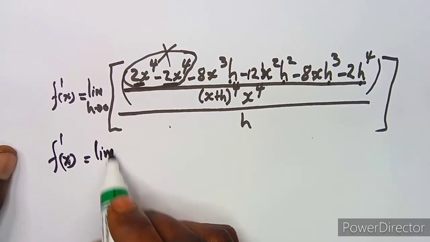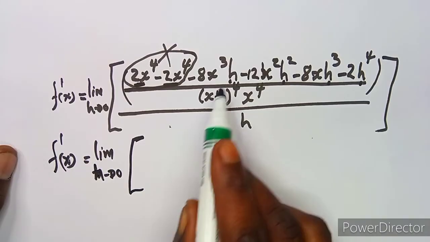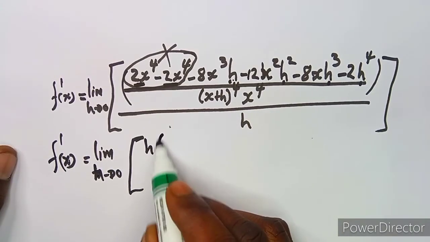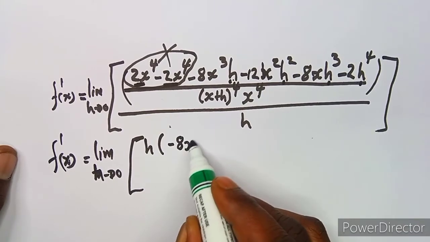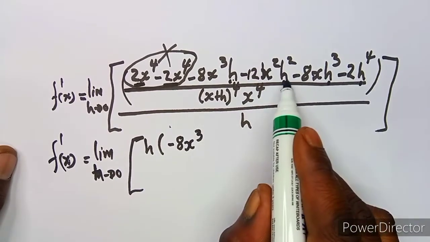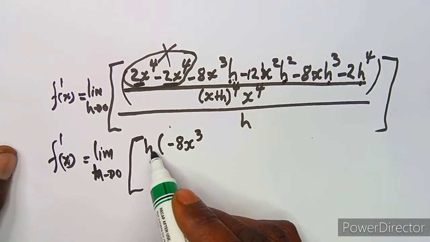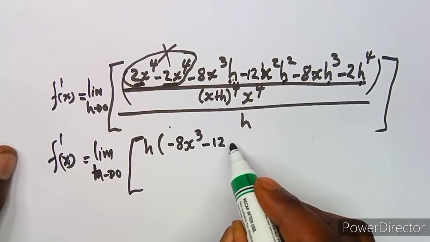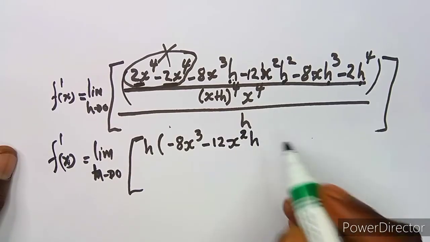Okay, so let's see what is going to happen when we factor out this h. So h into minus 8x to the exponent of 3. Here we've got h squared, so we're going to remain with 1. H squared divided by h is h, so we're going to remain with minus 12x to the exponent of 2 h.